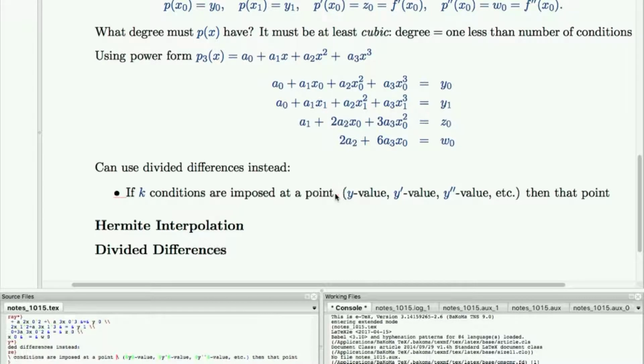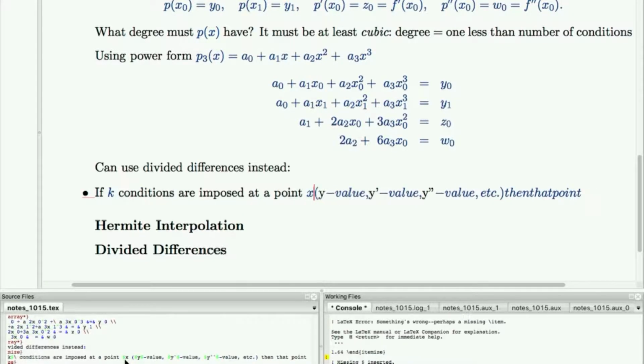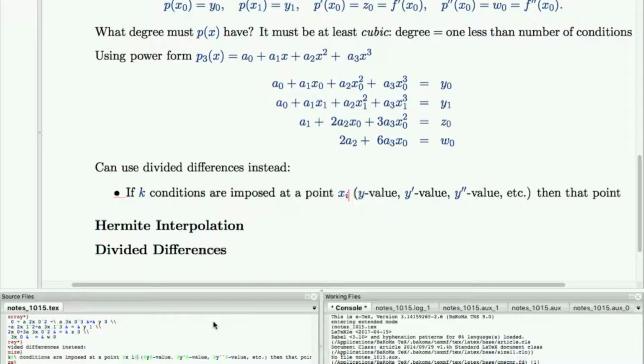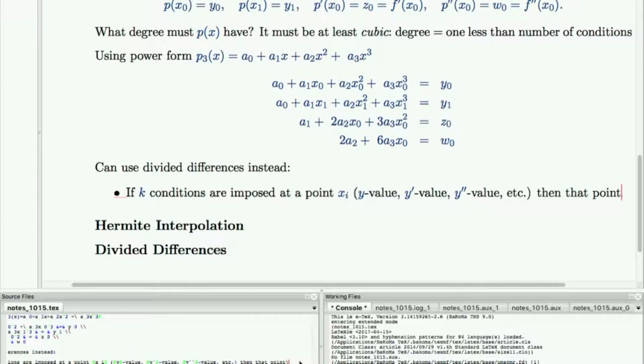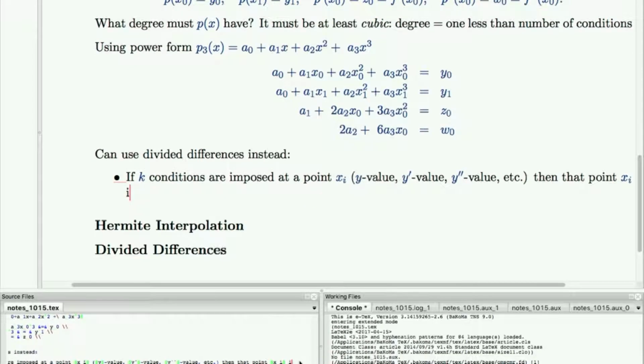By point I'm referring to one of the x values, so that point, xi, has to be listed k times in the divided difference table.